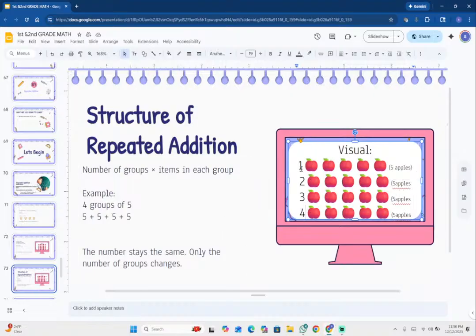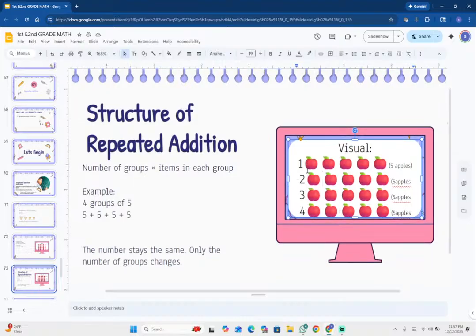So each bag, there's 4 bags, and there's 5 apples in each bag. So what we do is the number of rows times the number of columns, or the amount of rows times the amount in each row.